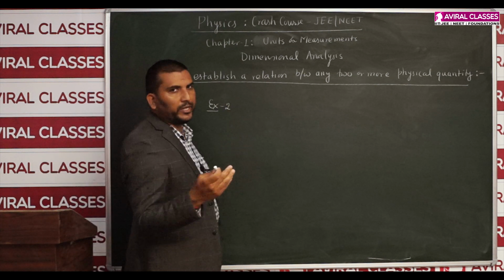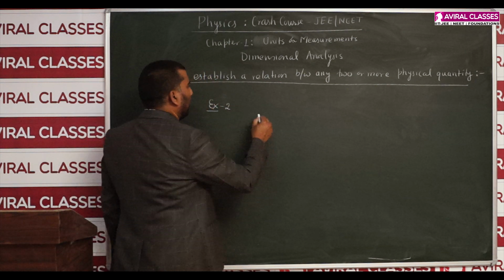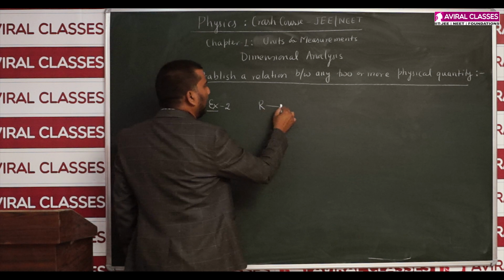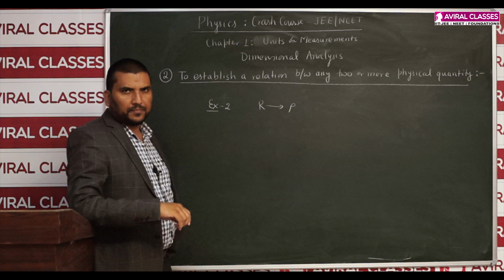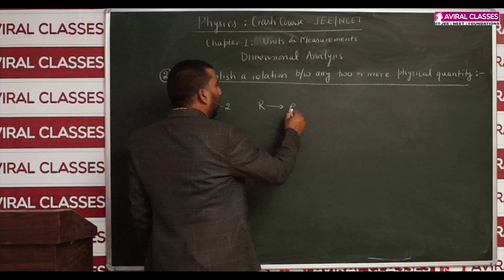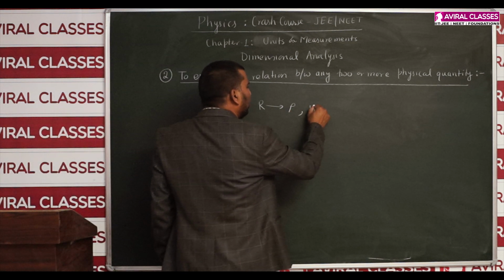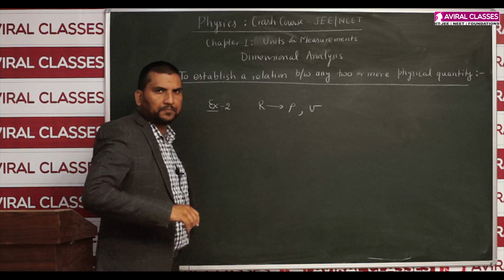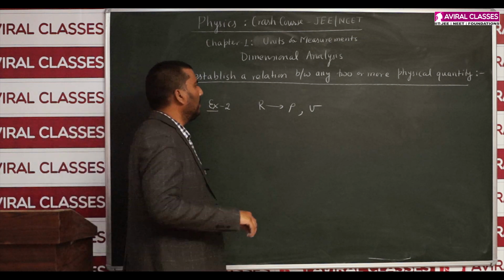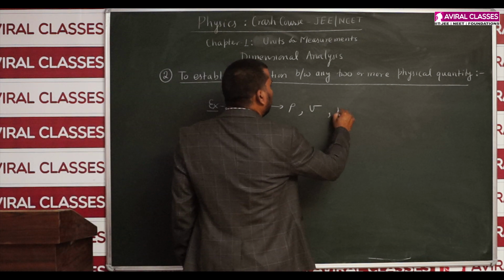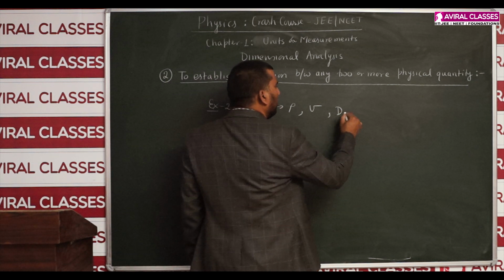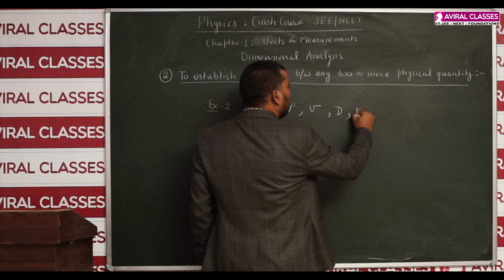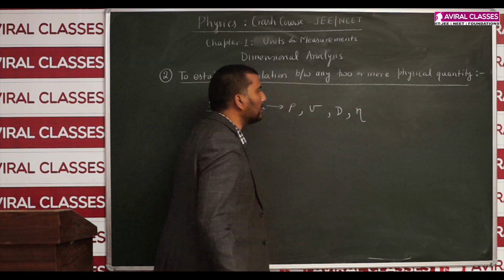Reynolds number, you must be knowing in fluid mechanics. Reynolds number of any liquid depends on its density. It also depends on speed of flow of liquid in a pipe. It also depends on diameter of pipe, and it also depends on coefficient of viscosity of liquid.